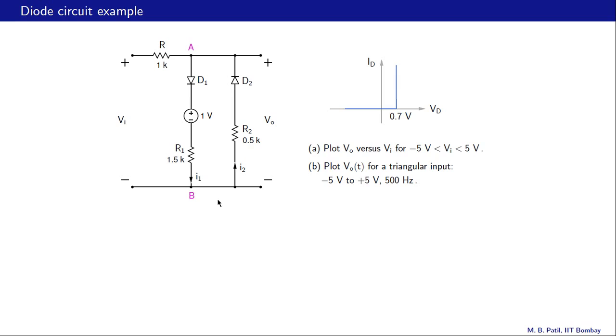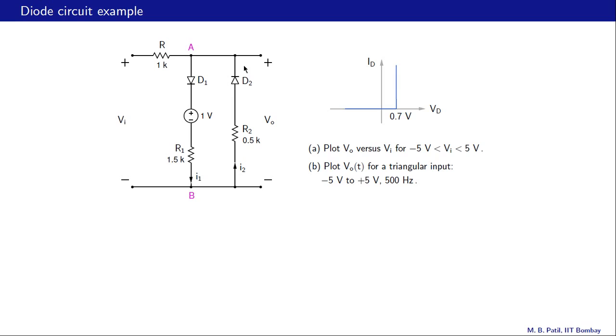Let us now take the next case, that is D2 is conducting. If D2 is conducting, we have a voltage drop of 0.7 volts in that direction, and also we have a positive voltage drop across R2 in that direction, because this current I2 can only be positive since D2 can conduct only in that direction.